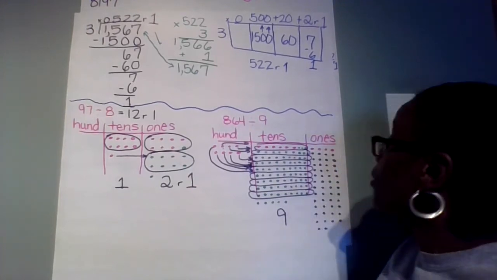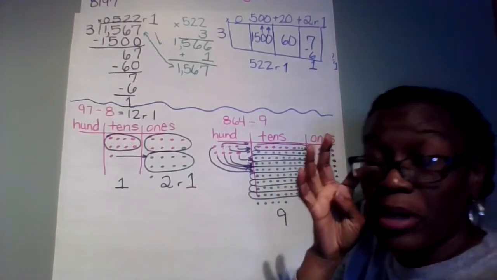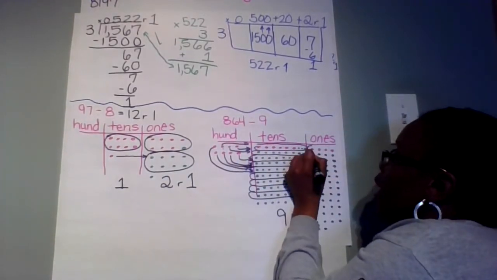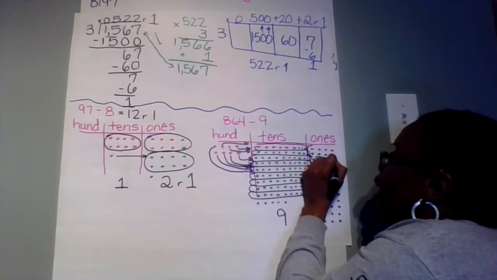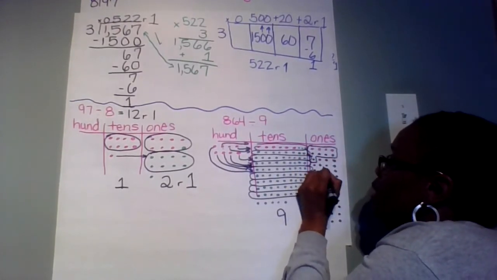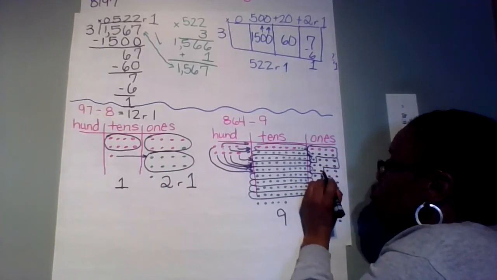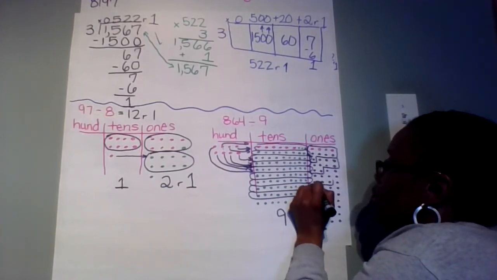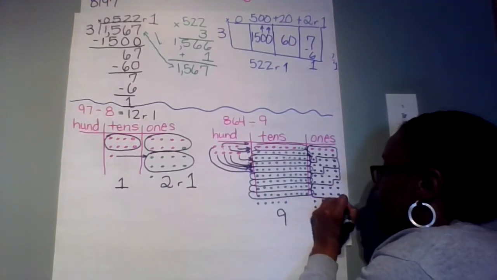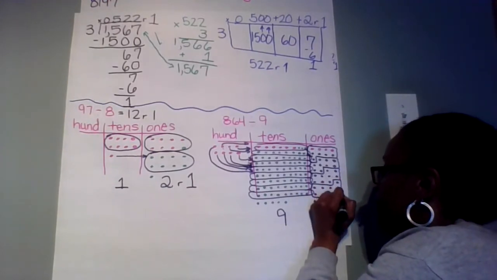So now I'm going to make these into, remember, groups of 9. So here I have 8, and that's 1. I have 7, here's 1. That's 2. Here's a group of 9. Here's a group of 9.